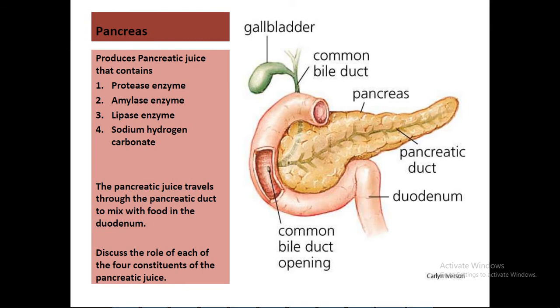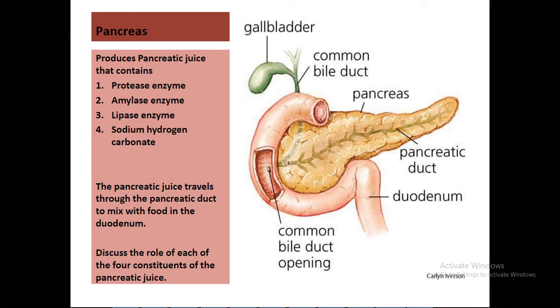Pancreas and pancreatic duct, common bile duct opening, common bile duct, and gallbladder. The pancreas produces pancreatic juice that contains protease enzyme, amylase enzyme, lipase enzyme, and sodium hydrogen carbonate.